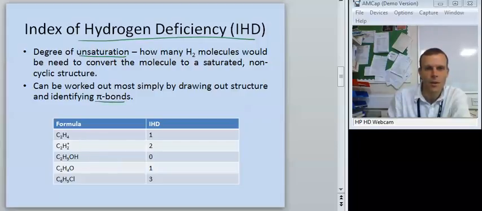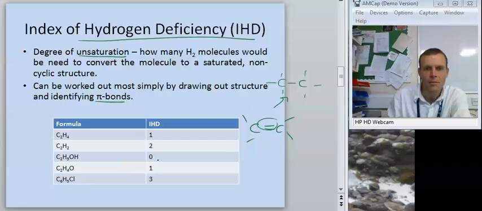So if we take the first example, that's ethene, looks like that. You can see I've got a pi bond, so my index of hydrogen deficiency is 1. I could add a molecule of hydrogen to that and make ethane, essentially. Something like ethanol doesn't have any pi bonds, so it's got a 0 there.